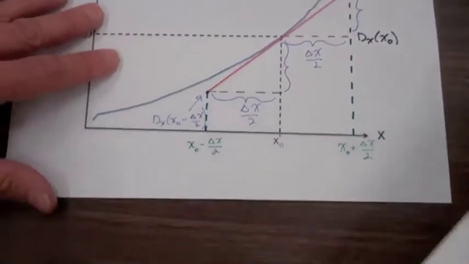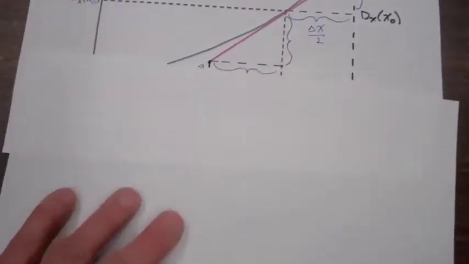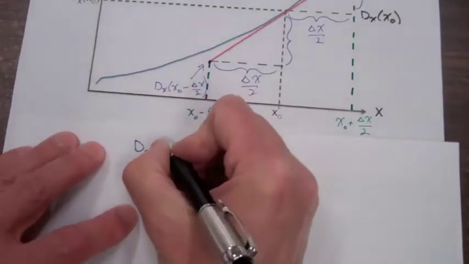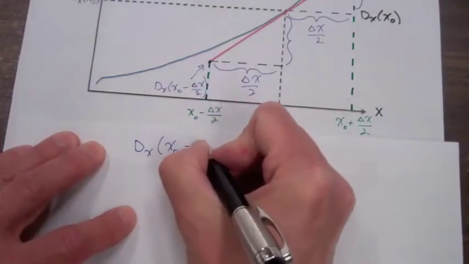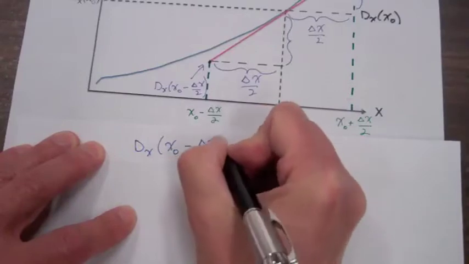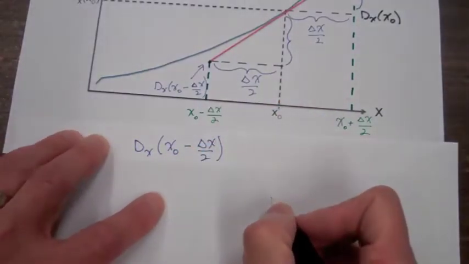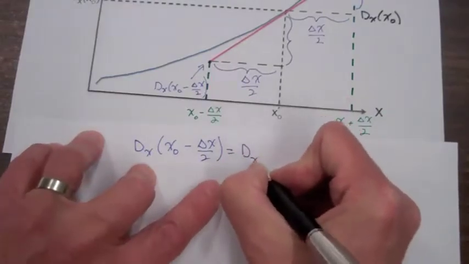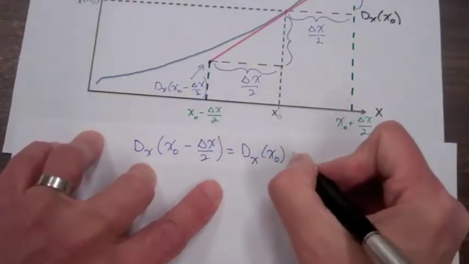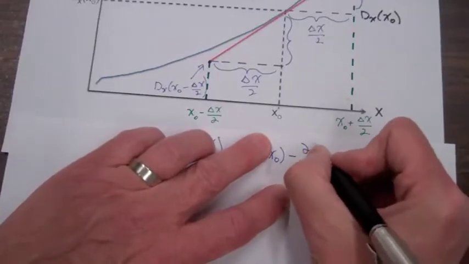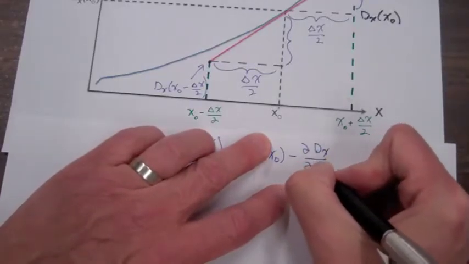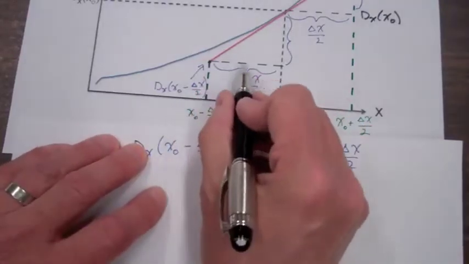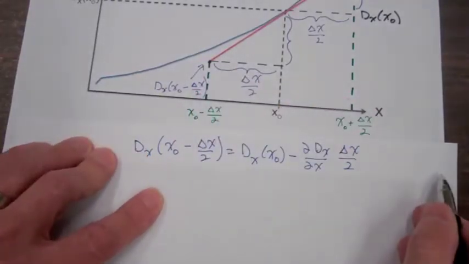So D sub x at x sub 0 minus delta x over 2, the back face of our cube, will equal the value of D sub x in the center of the cube minus the rate of change of D sub x with respect to x times delta x over 2, this side of our right triangle.